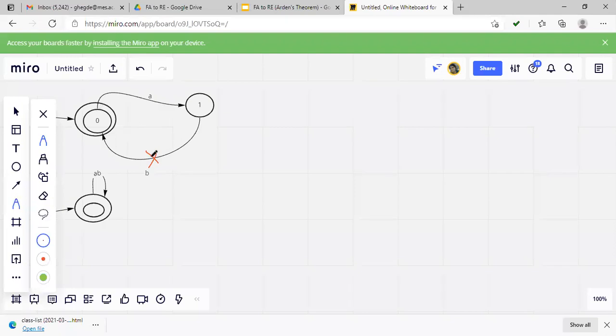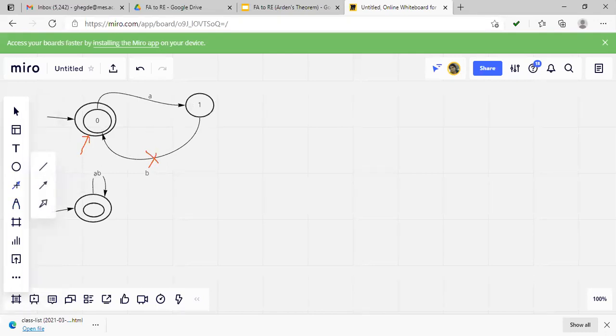Delete the incoming arrow at state 0 which is forming the loop. I may have another incoming transition here, but we will not delete that. We will delete only the path which is forming the loop, and keep the other one, the outgoing one, as it is.